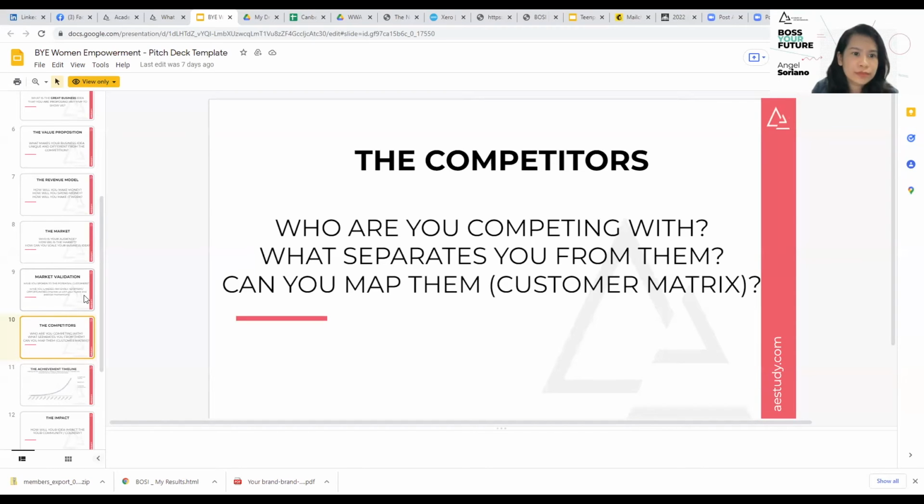There you go. Yeah, and the main thing for you to explain to the judges is how different you are from your competitors, because that's what's important. If they're going to invest in your company, or are interested in funding you, you have to let them know that these competitors won't eat you in the market.